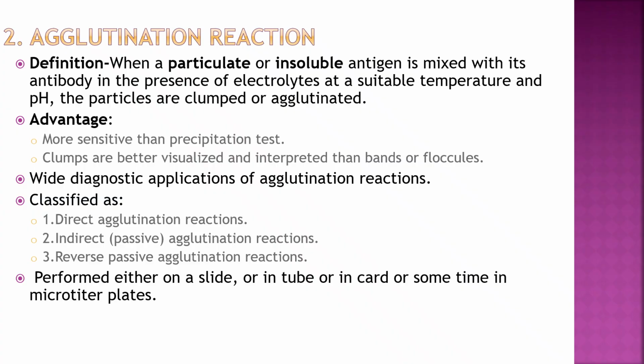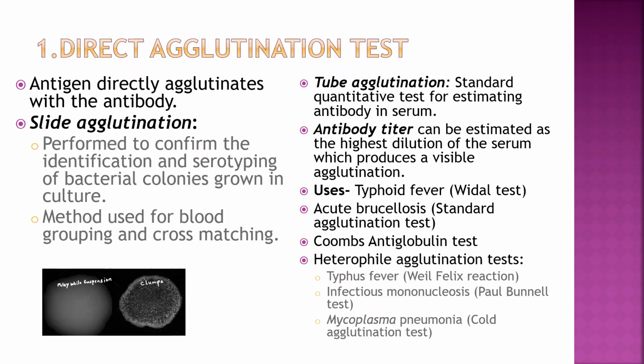Agglutination reaction: when a particulate or insoluble antigen is mixed with antibody, it forms clumps. In the types, first is direct agglutination, in which the antigen directly agglutinates with the antibody.